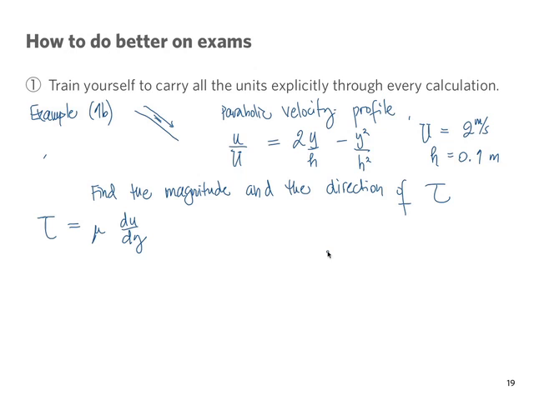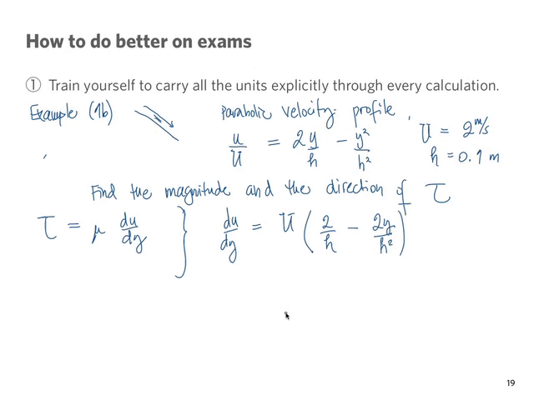So for this case, du dy is equal to, let me multiply by capital U both sides of the equation and then take the derivatives. So we have U here, and the first term, when I take the derivative with respect to y, I just have 2 over h. For the second term, I take the derivative of that, so I have 2y divided by h squared.